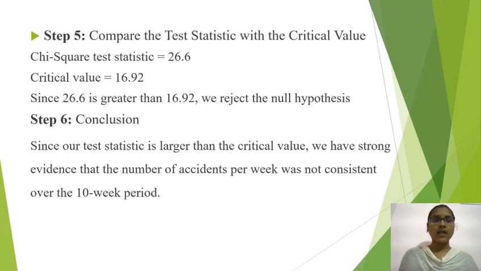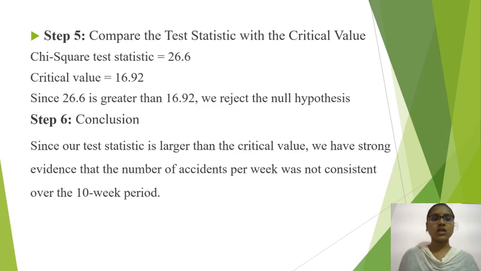And then step 5, compare the test statistic with the critical value. Chi-square test statistic equal to 26.6, critical value equal to 16.92. Since 26.6 is greater than 16.92, we reject the null hypothesis. Step 6, conclusion.